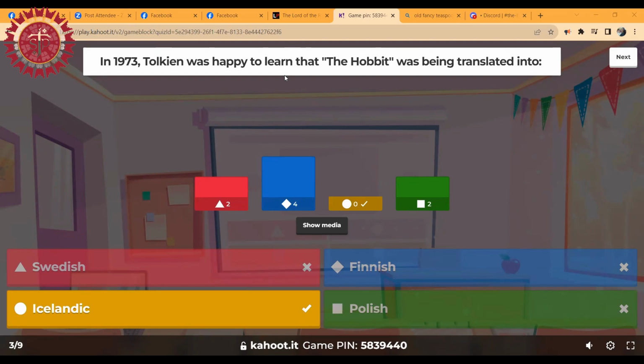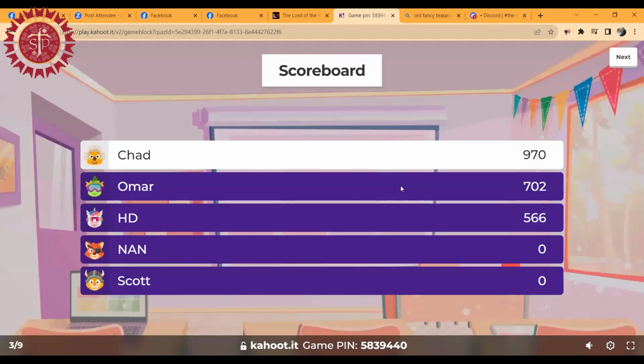Icelandic is a language, and Tolkien was pleased to learn that The Hobbit was going to be translated into that. He also said something like it was going to be understood in that language. So that's a nice thing, Tolkien language. Chad didn't get it right, but nobody did, so he's still first.